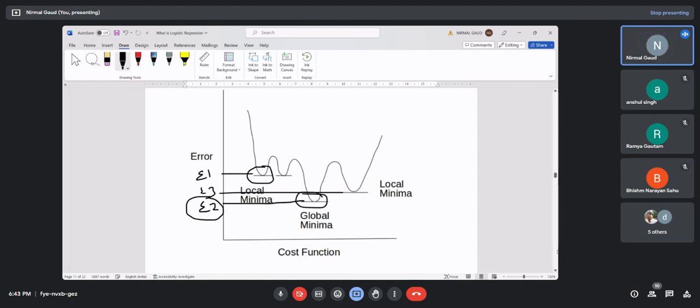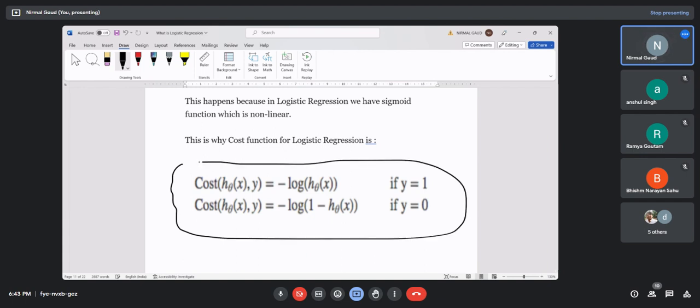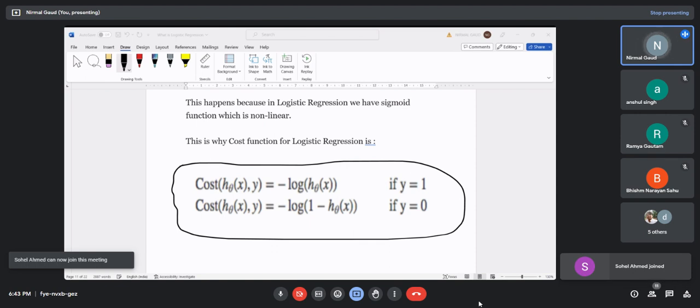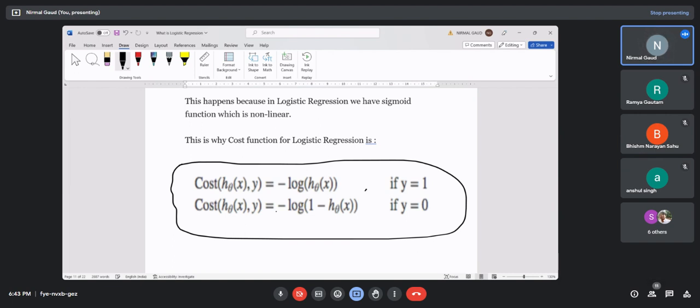These are the two equations which we have seen in the previous class. The cost function for logistic regression is given as cost of h theta x comma y equals minus log of h theta x when y is equal to 1, and minus log of 1 minus h theta x when y is equal to 0.